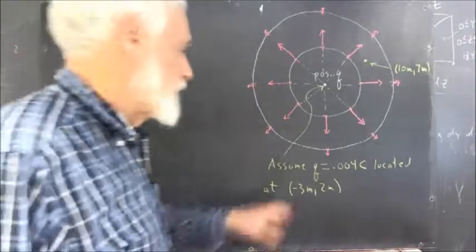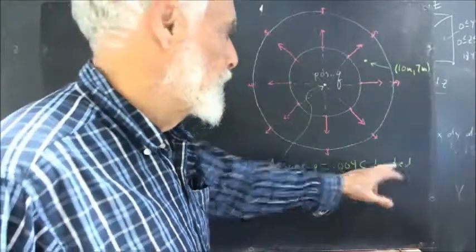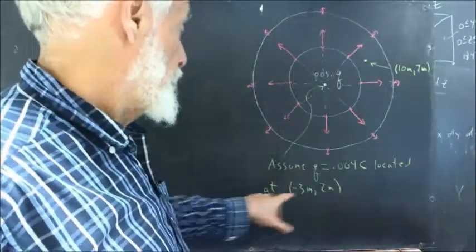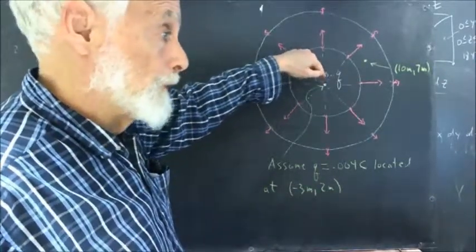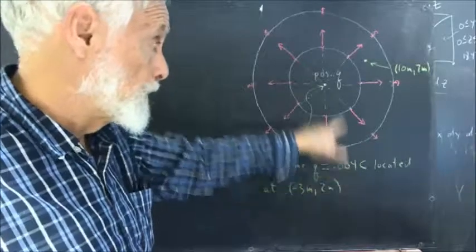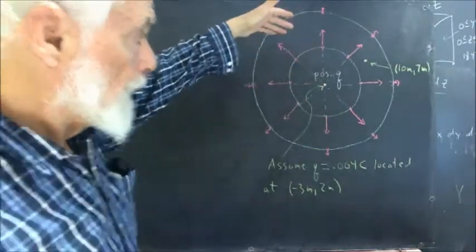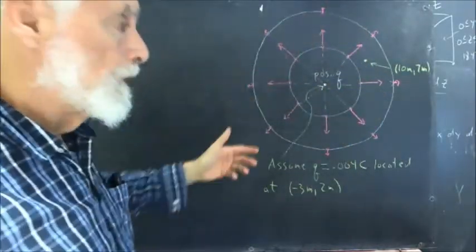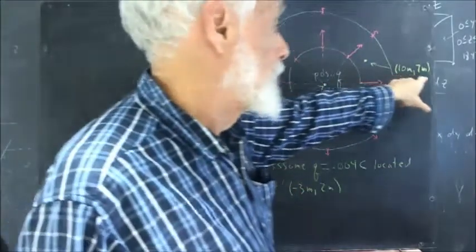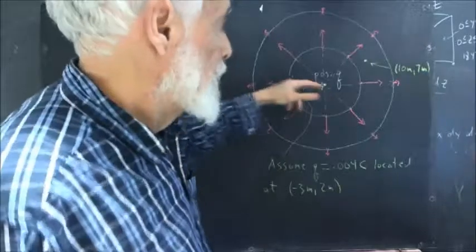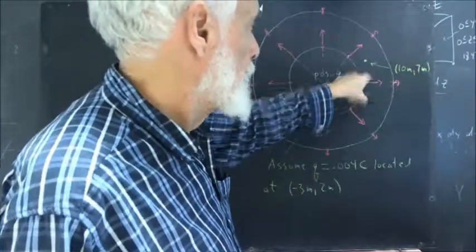Now let's assume that Q, your 0.004 Coulomb charge that we've used, at the -3 meter, 2 meter point, let's assume that this point represents that point and that we have this charge at that point and that the field is that of this charge. Then let's say that 10 meters, 7 meters, now your run is considerably more than your rise here.